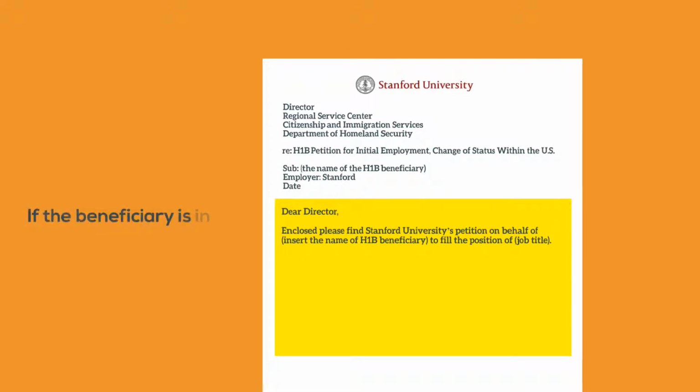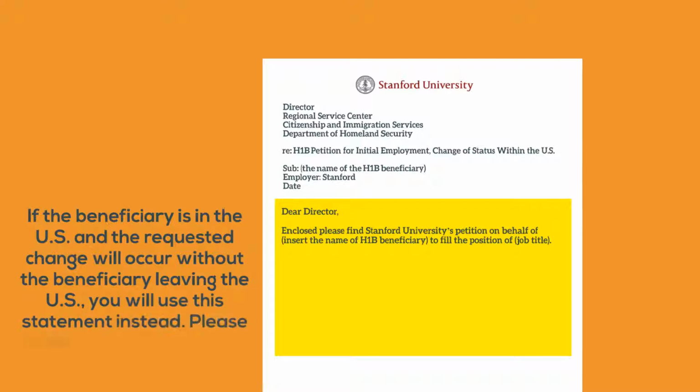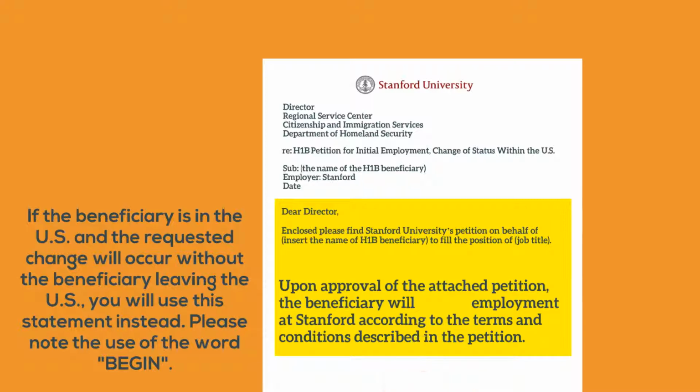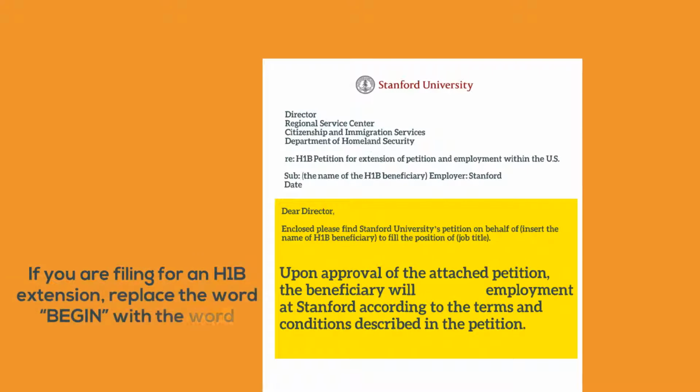If the beneficiary is in the U.S. and the requested change will occur without the beneficiary leaving the U.S., you will use this statement instead. Please note the use of the word begin. If you are filing for an H-1B extension, replace the word begin with the word continue.